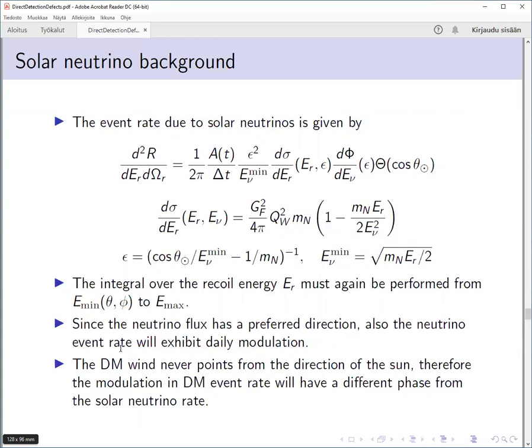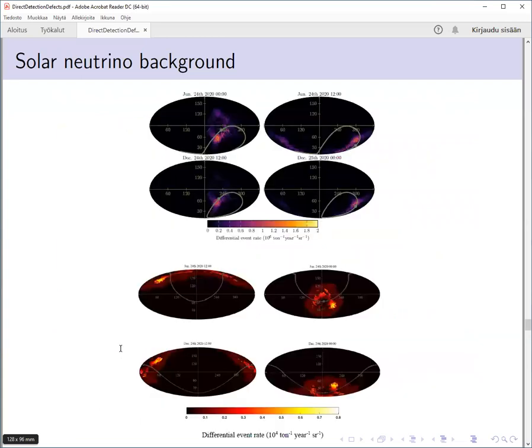It just so happens that our motion in the galaxy, looking from the Earth frame, with respect to the galactic rest frame, is never such that the sun would be directly in between us. Since the neutrinos come from the sun and the dark matter comes from the inverse direction to which we are moving with respect to the galaxy, they always come from different directions.